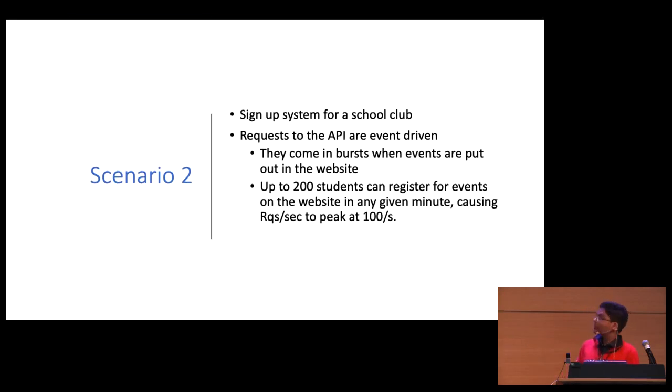So here's a different scenario. In this scenario, we have a school club at my local high school that everybody loves being a part of. And one of the things that we need to do for that is have our members sign up for events. So for this, we used to use something like a Google form to have students register onto these events, but we found that to be pretty hard to match with our workflow with cancellations and other logistic issues.